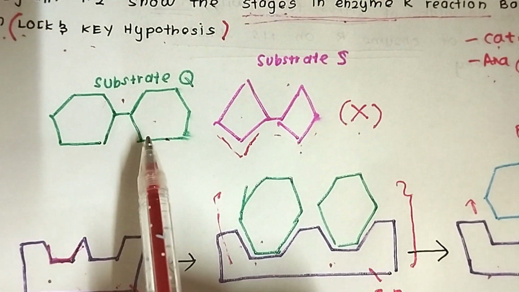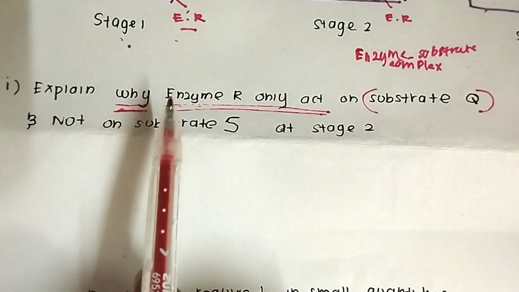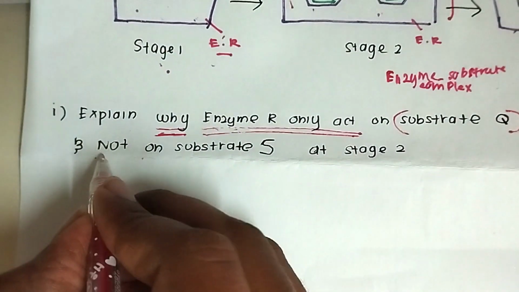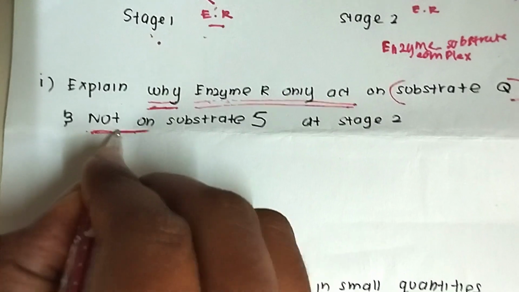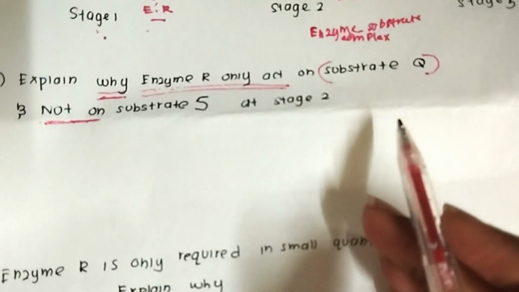The green color part is our substrate Q. What they're asking is why enzyme R only acts on substrate Q and not, see our key point here, not substrate S. This is our substrate S. So they're asking why it's not acting with substrate S but only acts with Q.